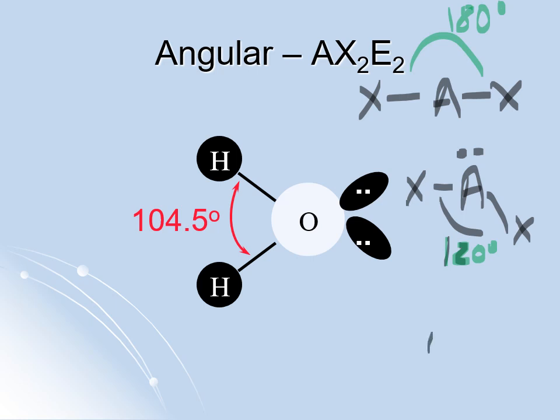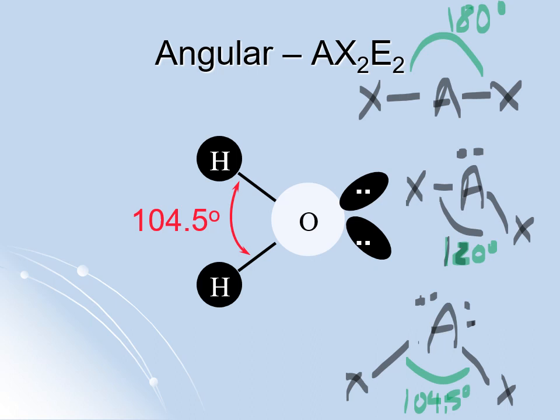And this one here, we have two lone pairs. They're going to take up even more room. So the peripheral atoms get bent even closer together, and we end up with an angle of 104.5 degrees.